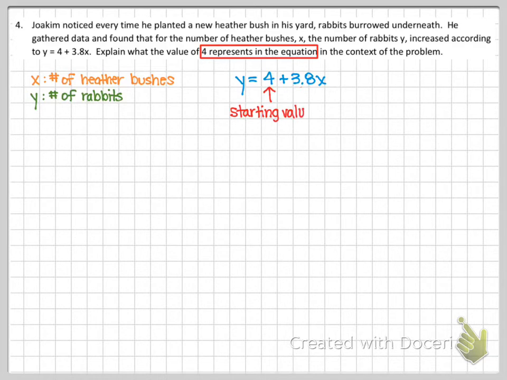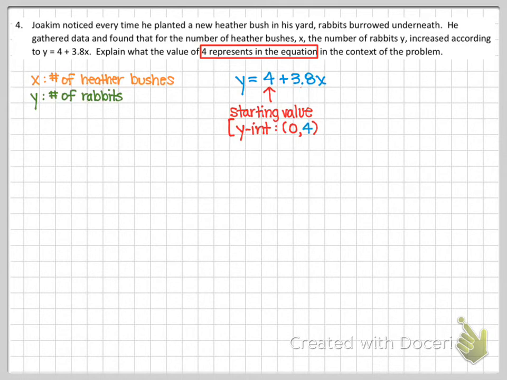Okay, let's think about how this connects if we were going to graph this. We know that the starting value helps us find the y-intercept. We know that a y-intercept is always 0, something. In this case, the number we care about is the 4. So it's 0, 4. Okay, so that should help us a little bit.